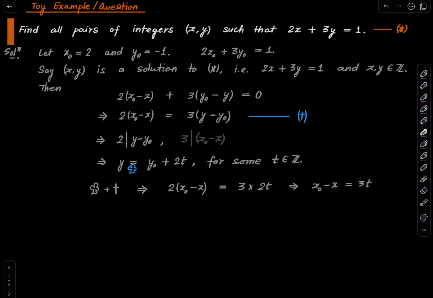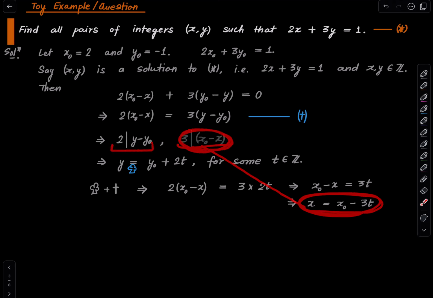So we get x is equal to x naught minus 3t. And what we had darkened here is already happening, so we didn't really need to take note of this separately. This already implied that this must happen.